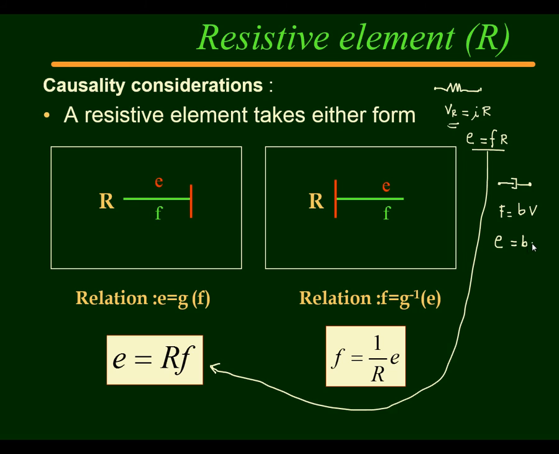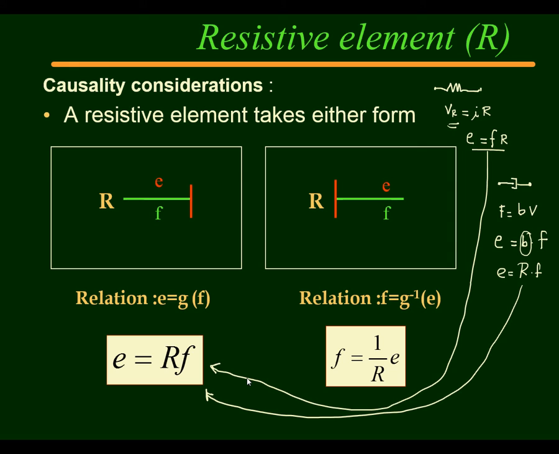B times the velocity, the flow, represents the resistive element constant, which would be R times F, which is again exactly the same equation. Okay?